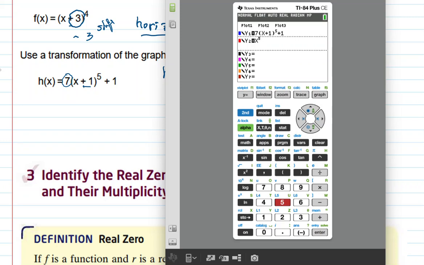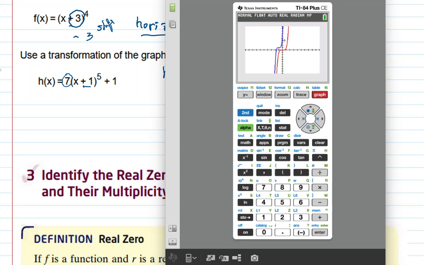All right. Now we know that we have 2 turning points, right? Now we can make this clearer if we adjust the window. So we're going to go to the window, and we just want to see this guy right here, right?